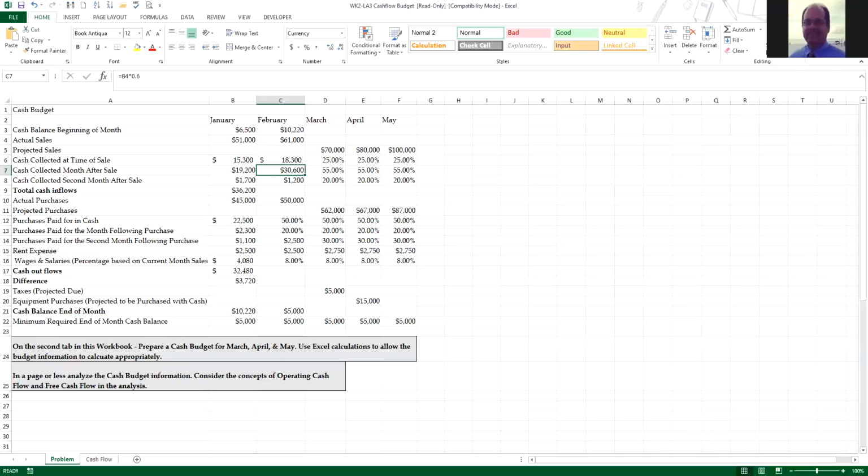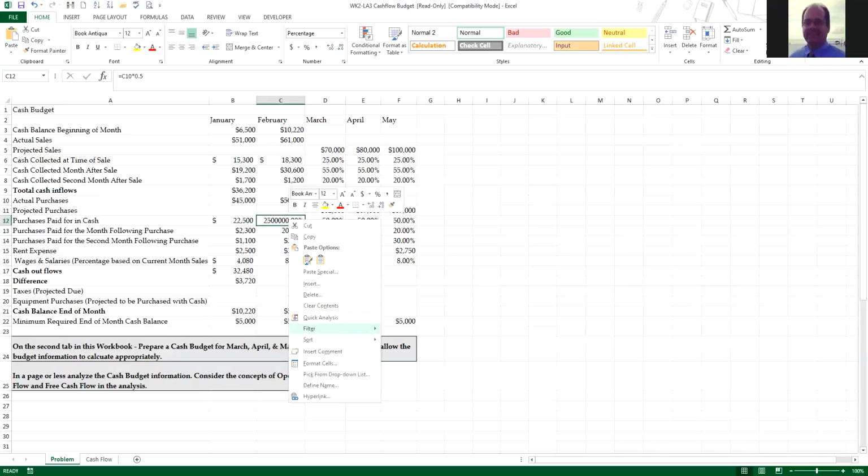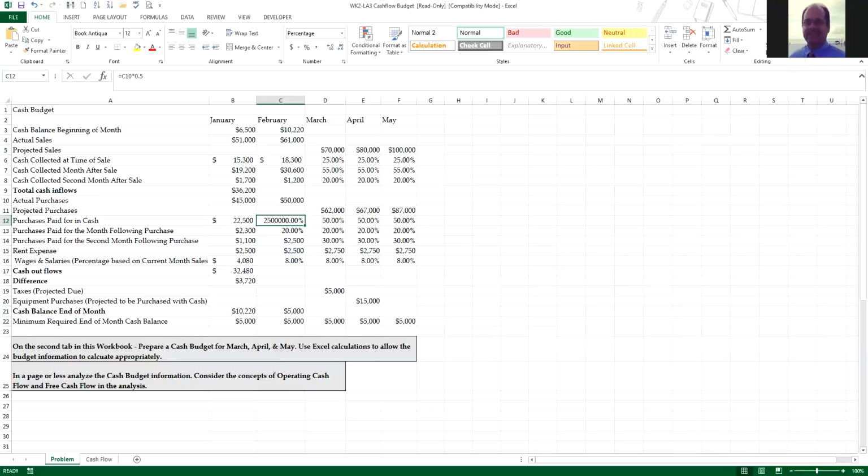Okay. Then we come down to the purchases paid in cash. Well, purchases in February were $50,000, so we paid 50% of that. So we got equals 50 times 0.50. Format that.